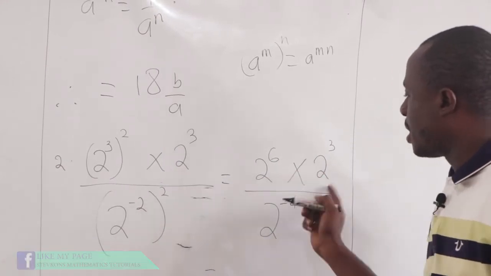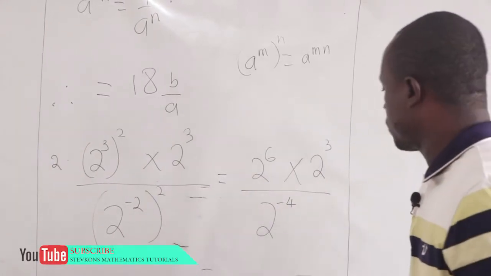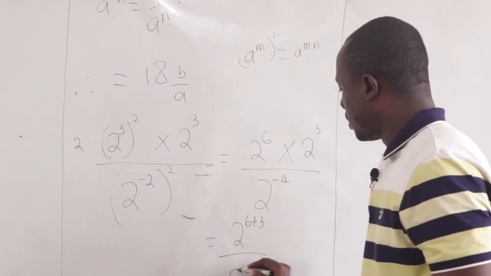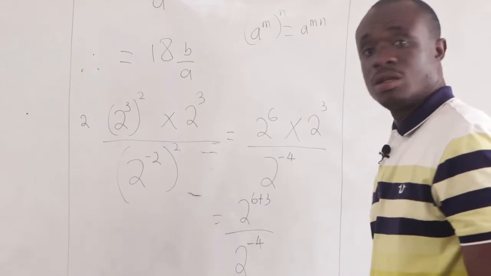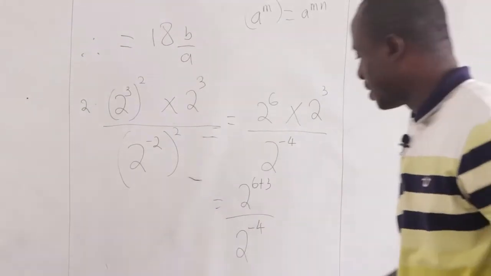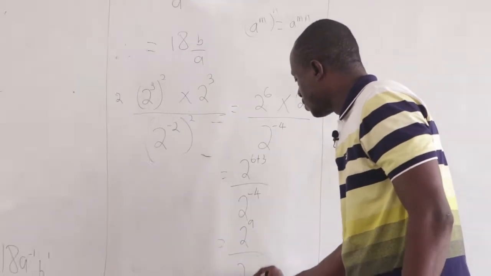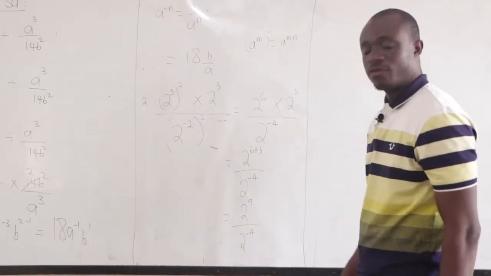Now when you multiply, what do we do? We add the exponent. You have 2 to the power 6 plus 3 all over 2 to the power negative 4. 6 plus 3 is 9. So you have 2 to the power 9 all over 2 to the power negative 4.